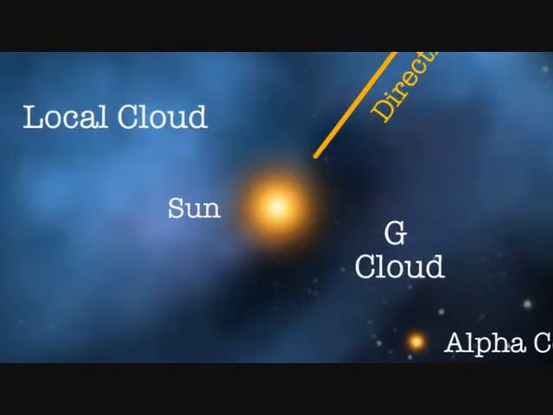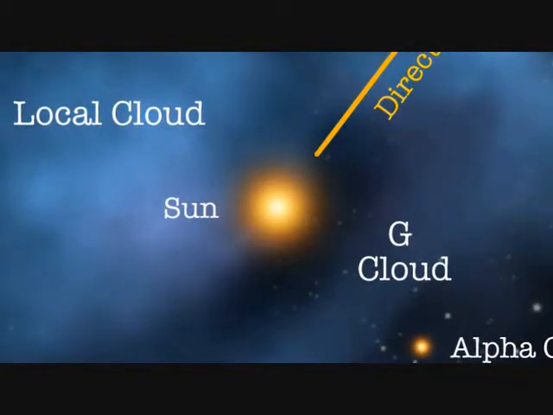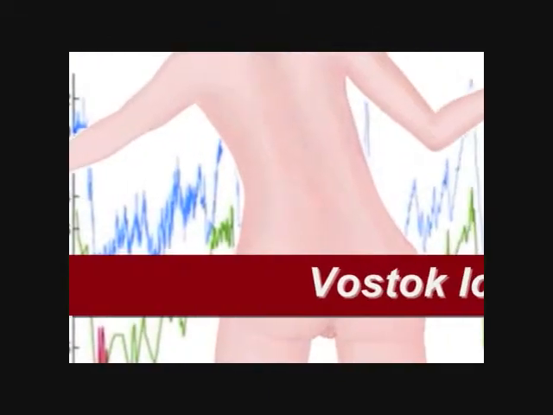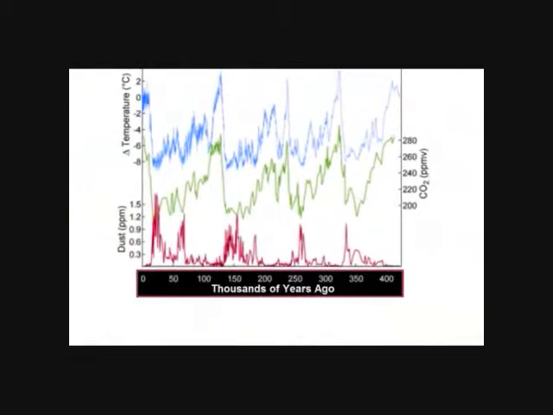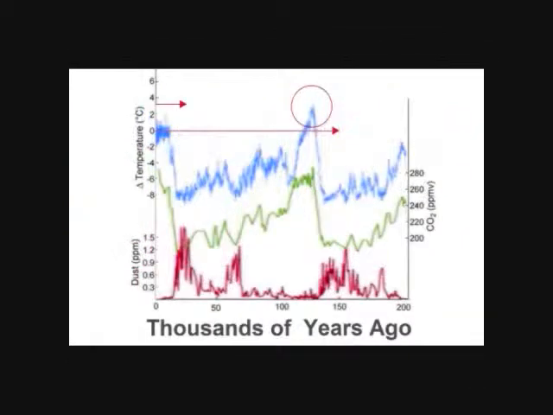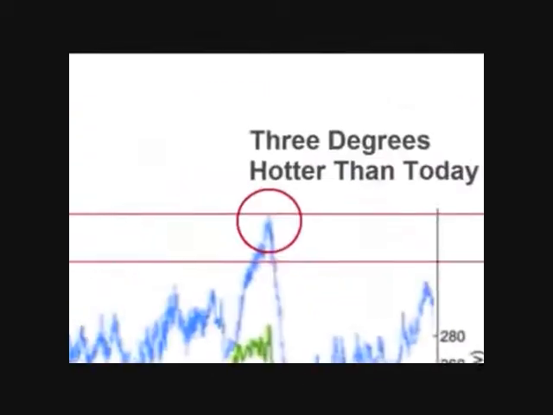This is based on the Vostok ice core chart, the very same chart that Al Gore parades around in his traveling salvation show. That chart shows that the temperature spikes occur approximately every 110,000 years.